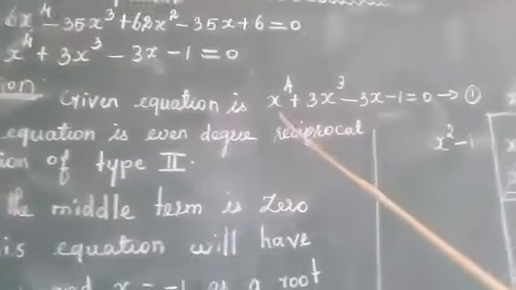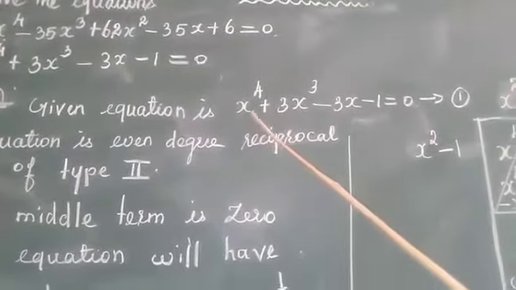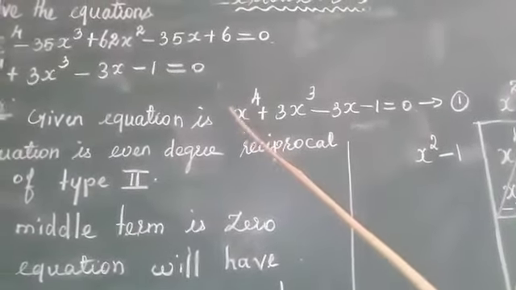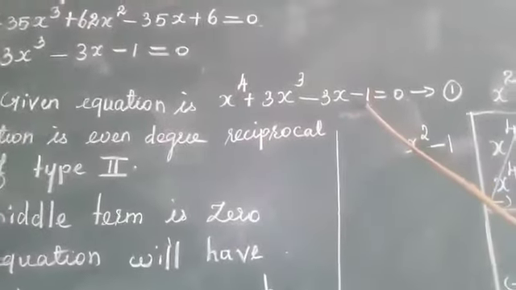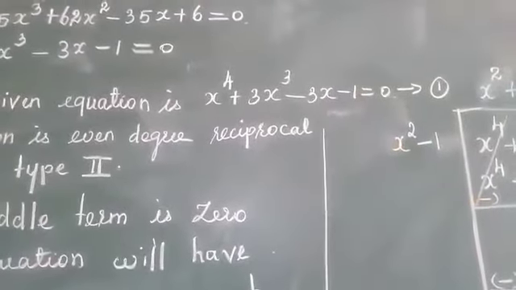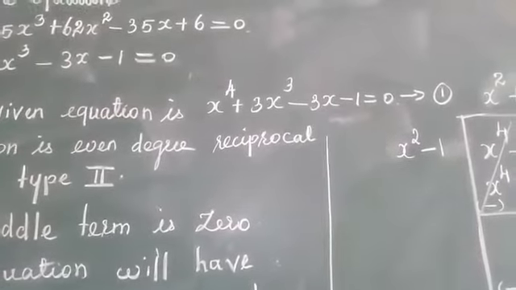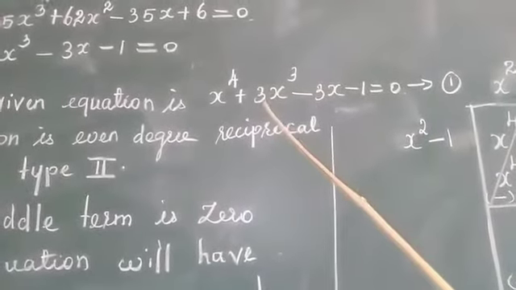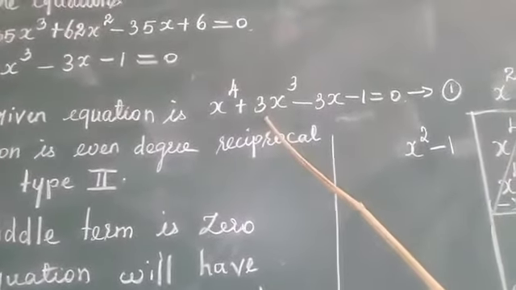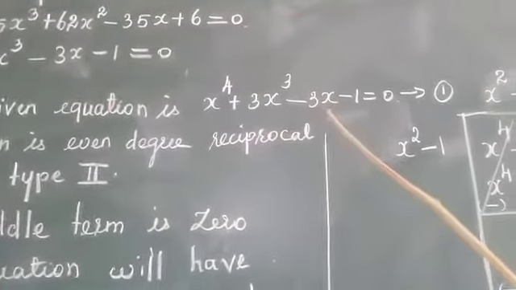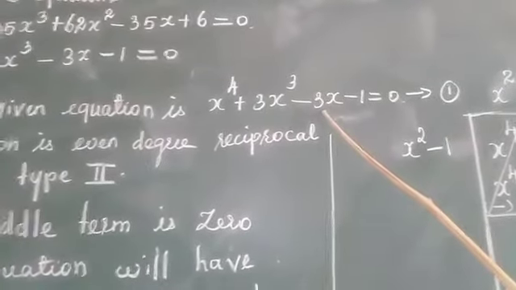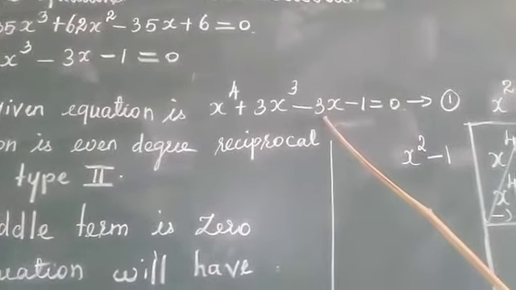Now we can check whether it is a reciprocal equation. Here the leading coefficient is 1, the constant term is minus 1. And next, the second term coefficient is 3 and the second last term coefficient is minus 3.